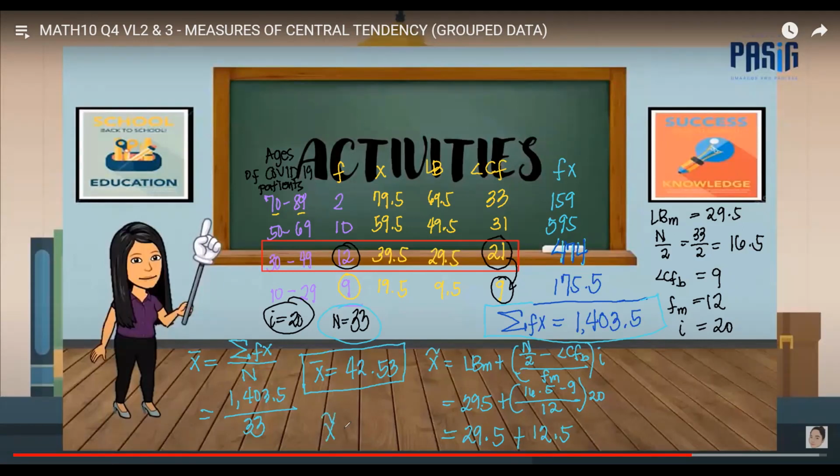And that will be our median. Ano yung magiging median natin? 42. 42, correct.